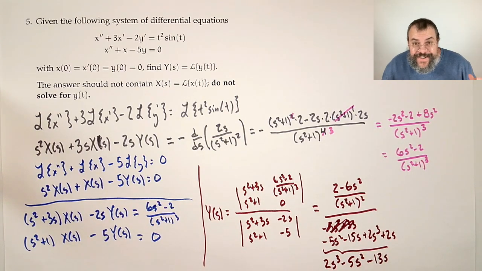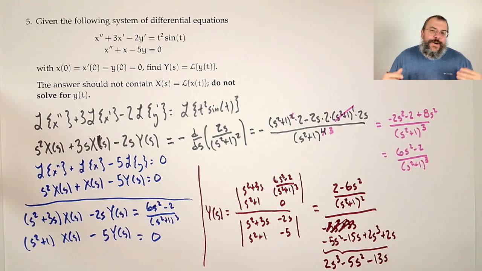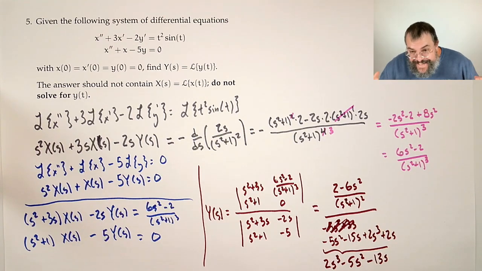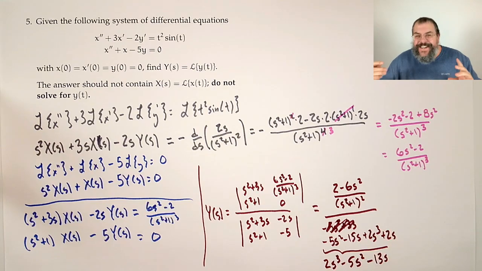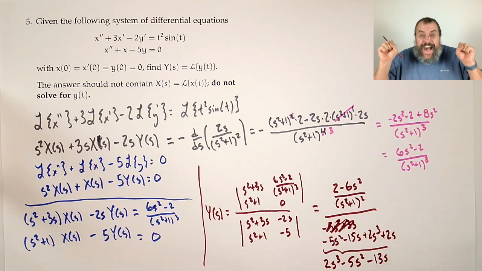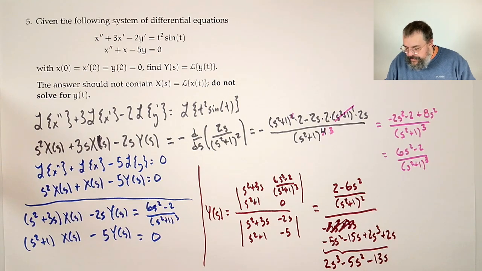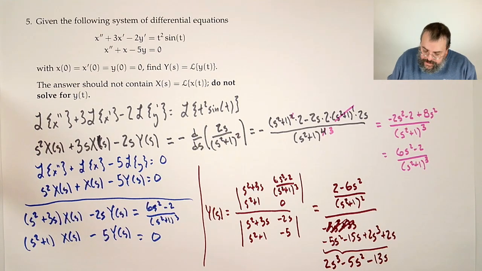The good news is we don't have to solve because this probably doesn't factor nicely. But we don't have to worry about it. Okay, so what's our final answer? Well, the thing is we can move this upstairs.